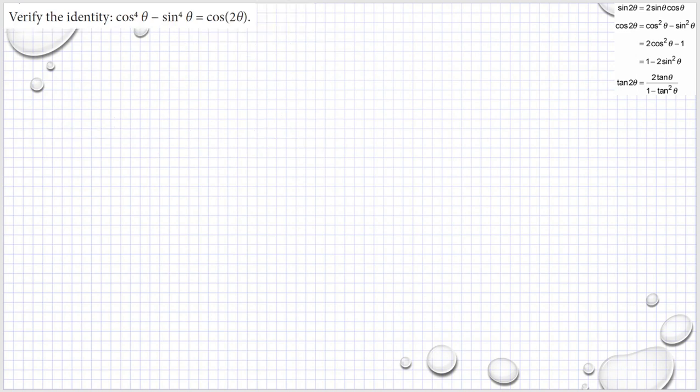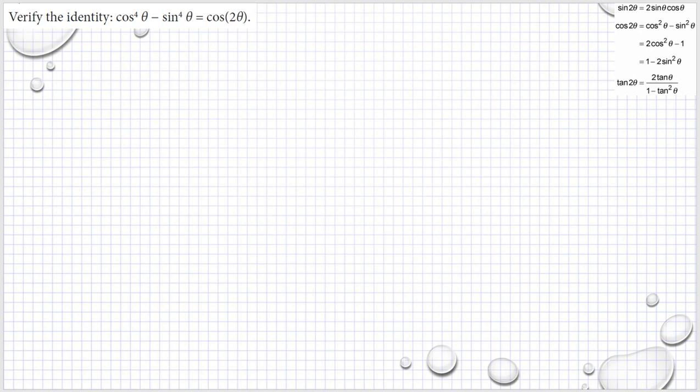Okay. Another. Verify the identity. Then we have cosine to the fourth theta minus sine to the fourth theta. This is what we can see as a difference of two squares, sorry.